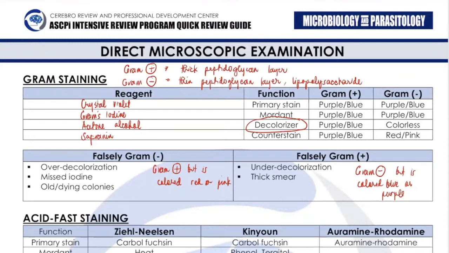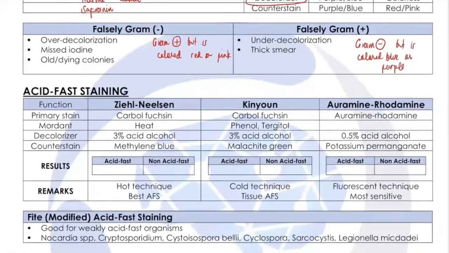Next, we have our acid-fast staining. Usually this is utilized for mycobacteria. Mycobacteria basically have a cell wall structure similar to that of gram-positive organisms, so technically they are gram-positive.